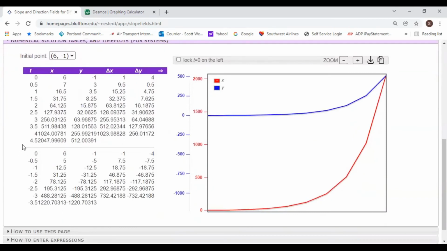So for the Euler method, when it got to 1, it agreed with what we had by hand. That's nice to see. One would hate to see otherwise. So these values are in agreement with us. And then when it gets to 2, for x we have 64.13, and for y, we have 15.88. And then when it gets to 3, we're going to have 256.